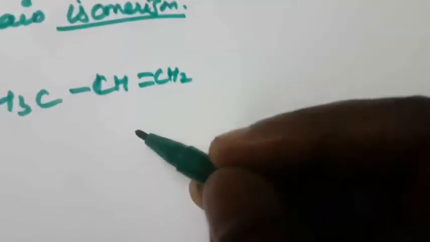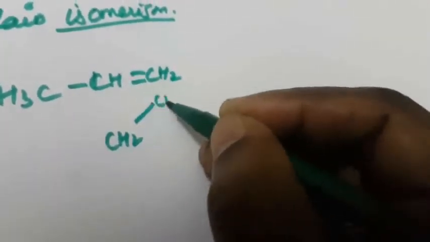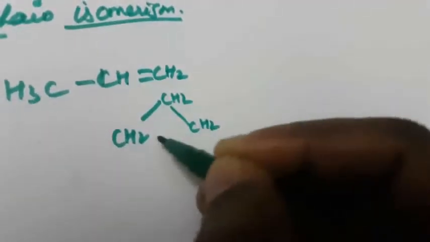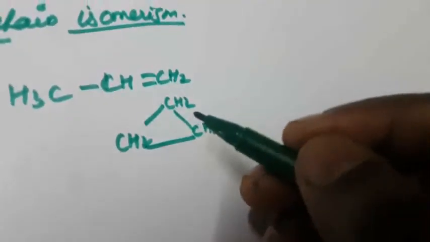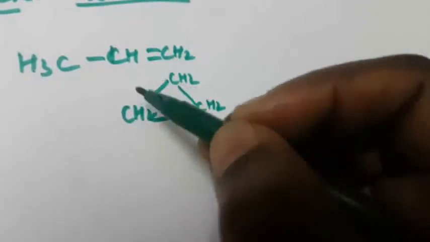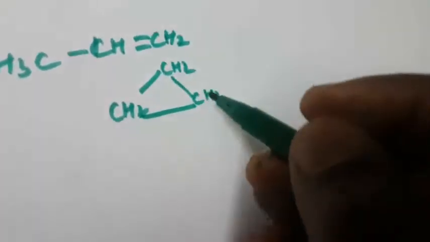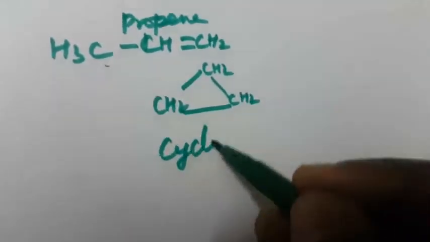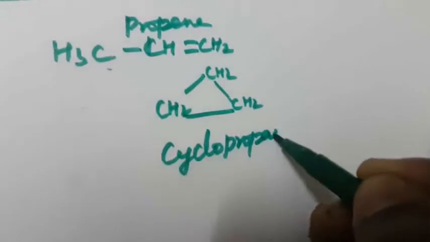How to write it? CH2 CH2 CH2, that is the interconvertible one. So propene is converted into cyclopropane.